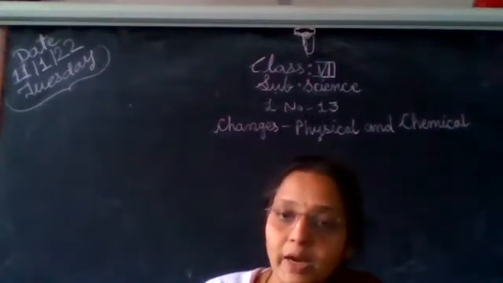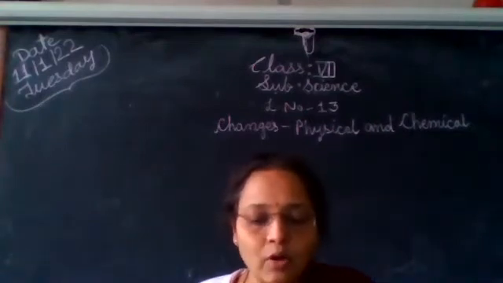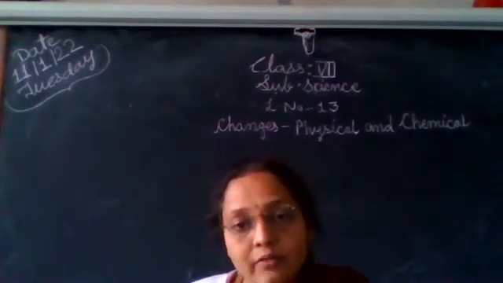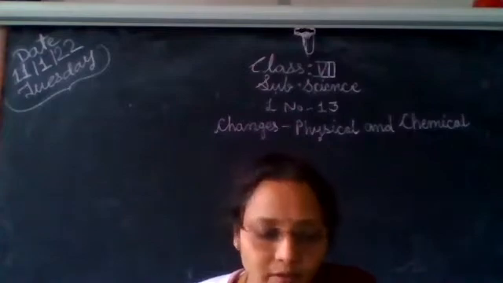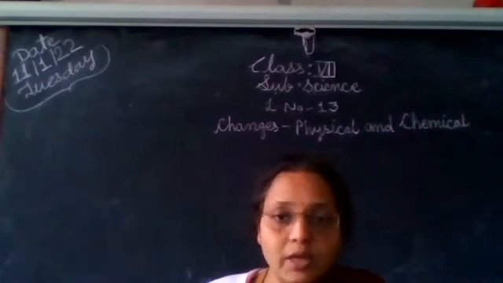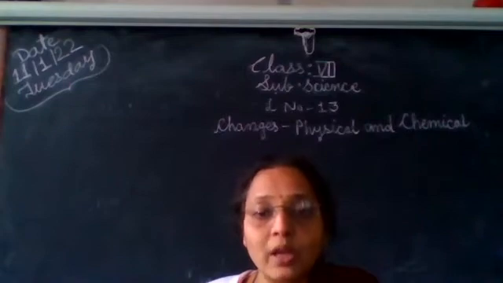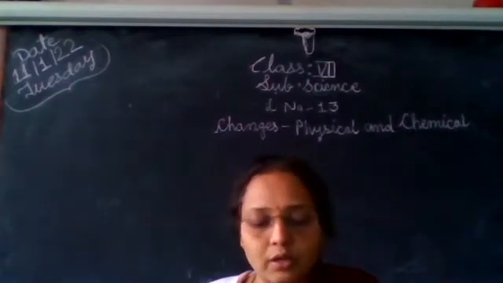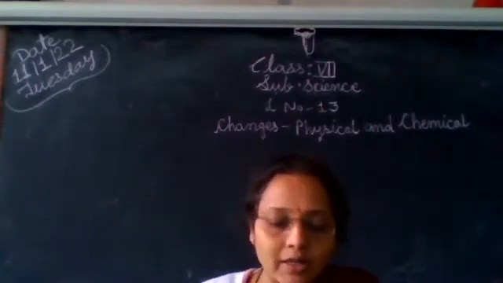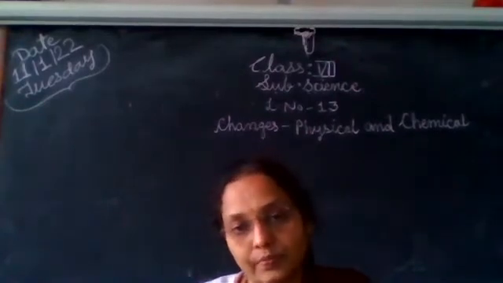Let us see some examples. Ice melts to form water. Though ice and water are different states of matter, ice being solid and water being liquid, both are made up of water molecules. Its composition remains the same. Thus, no new chemical substance is formed during the melting of ice, so it is a physical change.